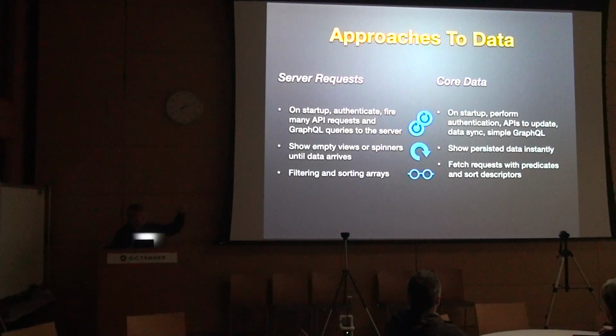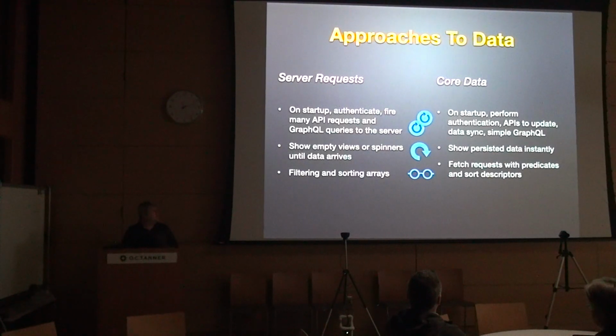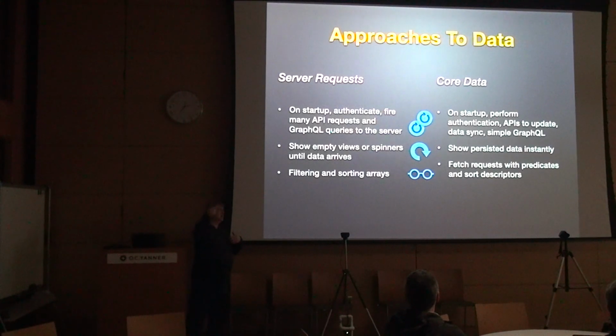Speaking of spinners, that's number 2 on the left here for server requests: empty views and spinners until your data arrives. This may only be a second, but if things are really rough, it may be a lot longer than a second. It's not unusual to have apps where you log in, you see a spinner for one thing, and then you have a tab and a spinner for another thing.